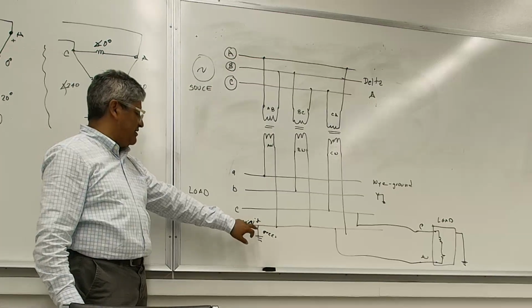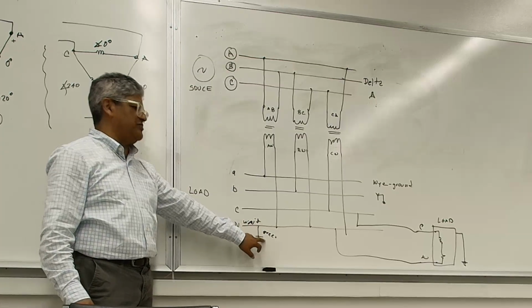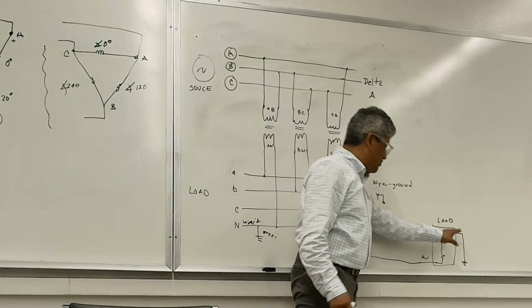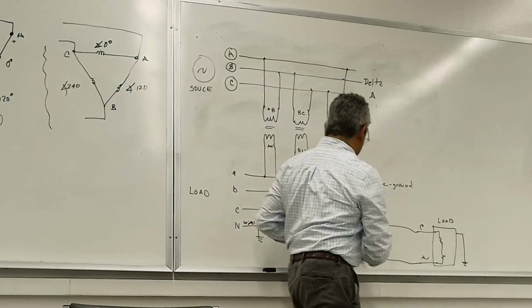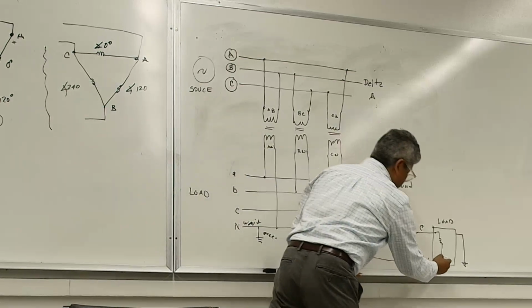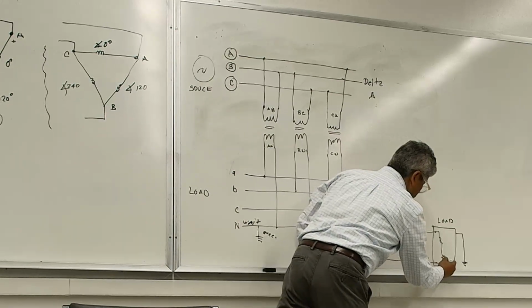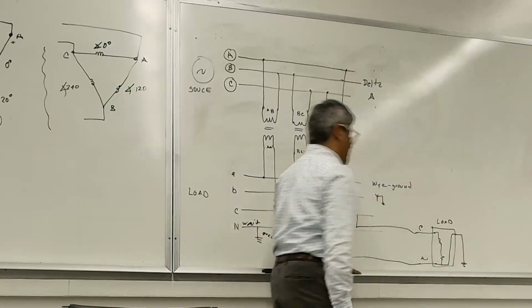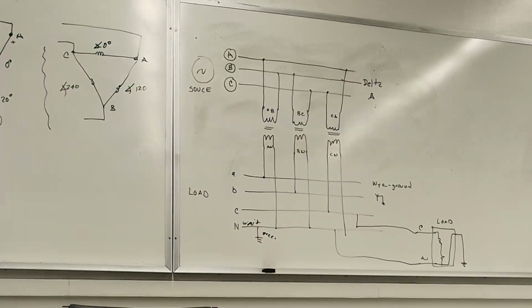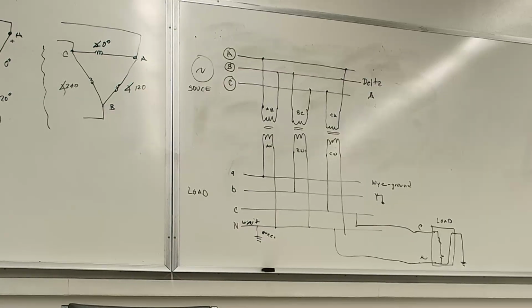You can bring the neutral and connect it to the reference at this point. However, once you feed your loads from a three-phase wye grounded transformer, you can no longer take this neutral wire and connect it to ground. That's a safety violation. That becomes a big issue.